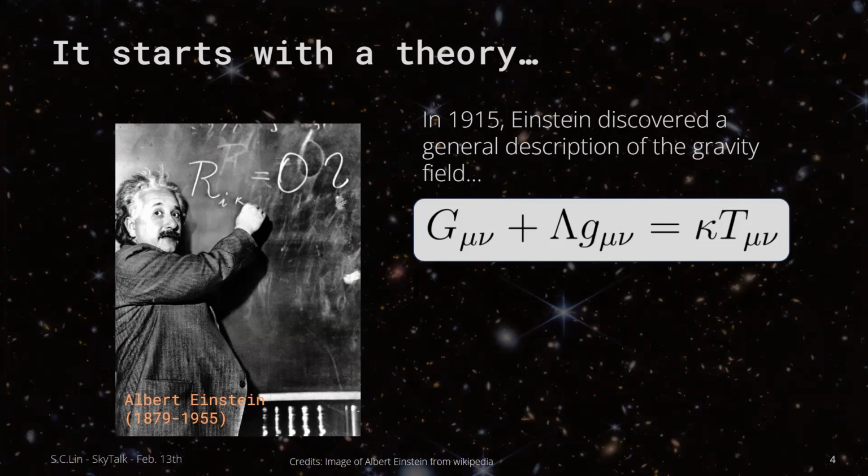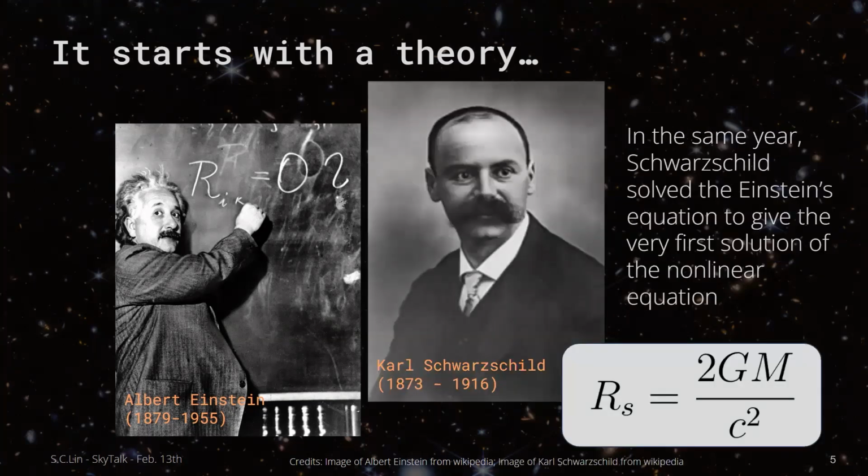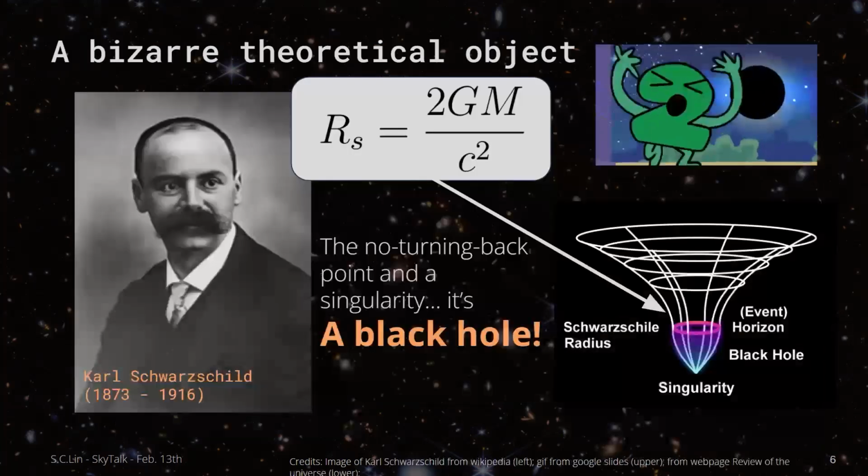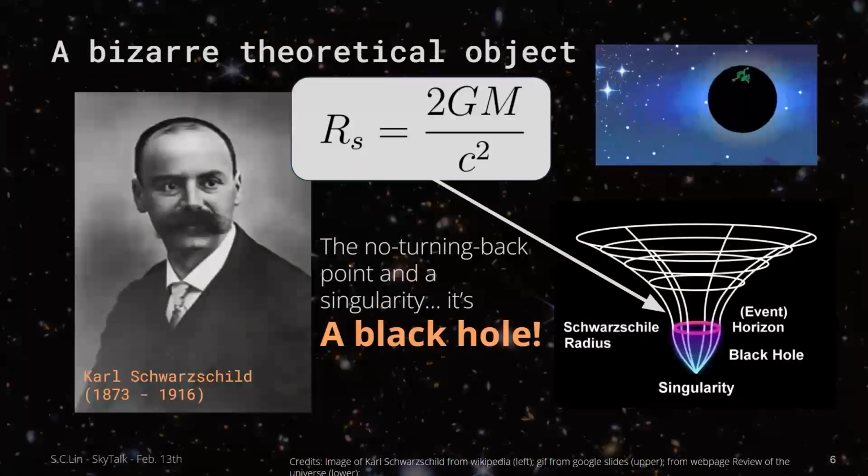Based on these equations, in the same year, there was a genius scientist called Schwarzschild. He solved that equation. Remember, it's a nonlinear equation, which is very, very difficult to solve. But this genius mathematician actually solved this equation within a year and came up with a solution telling us there is something weird.